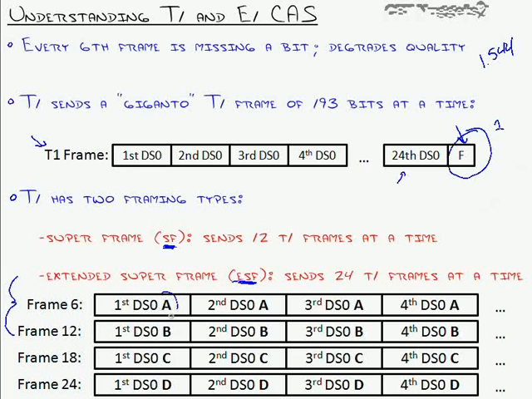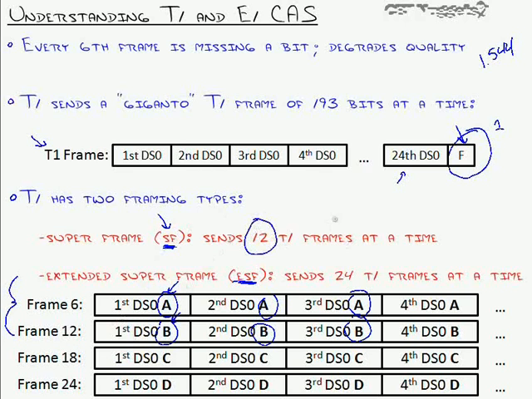Now that gives me A and B signaling bits in each one of these. I know you're thinking, where did this come from? Remember, every sixth frame is signaling with robbed bit signaling. If you're using superframe, it will combine together the signaling from the 6th frame and the 12th frame, and then it sends 12 more, and then you'll have a 6th frame and a 12th frame, and then it sends 12 more. 12 T1 frames sent at a time.